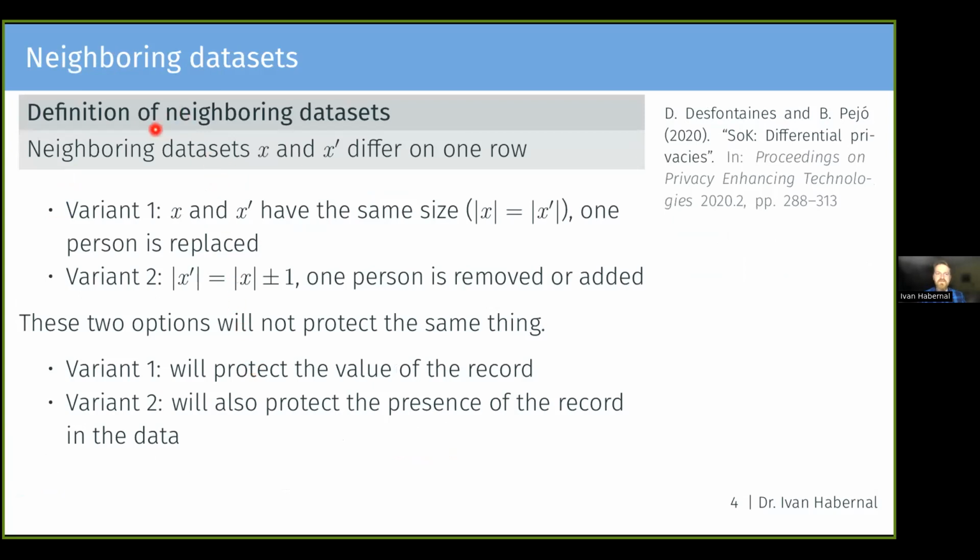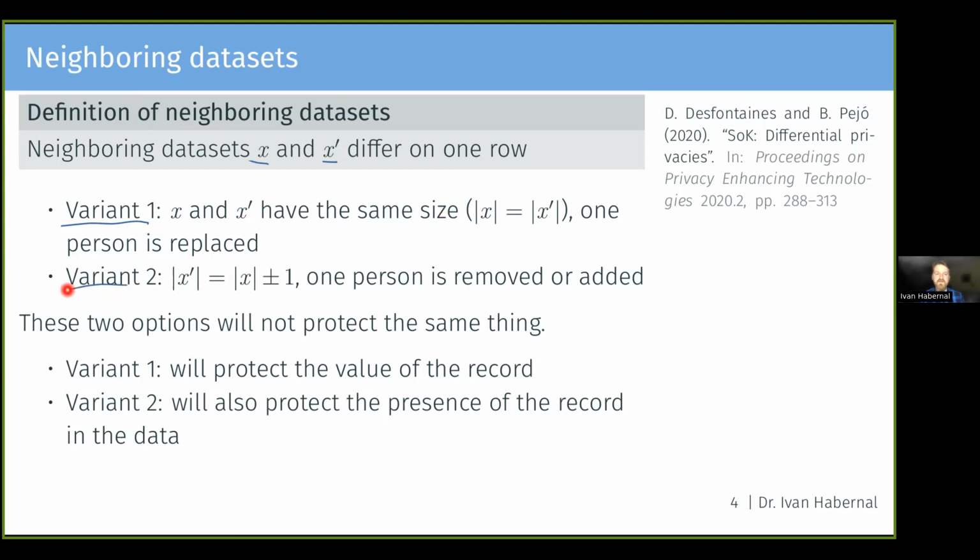We have a notion of neighboring data sets. The definition of neighboring data sets is that data set X and data set X prime differ in one row. And this difference of two data sets can have two variants. In the first variant, X and X prime have the same size, and we just swap one person.